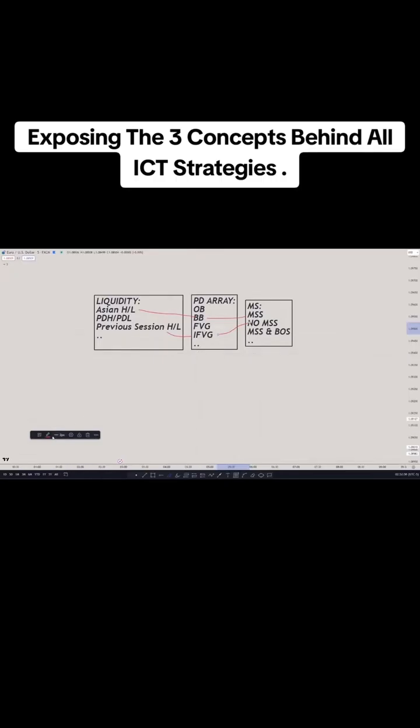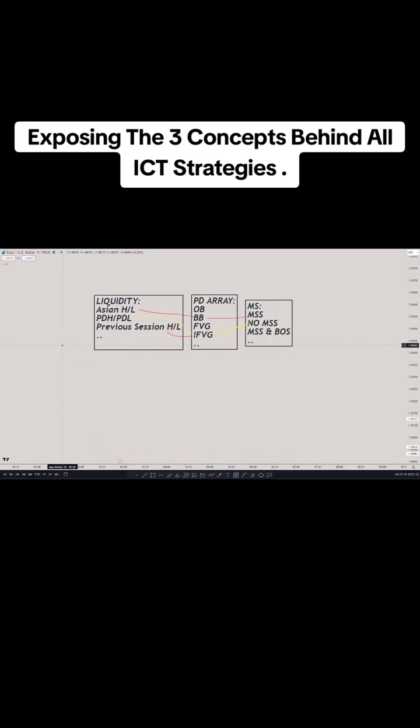That's one of the plans. Now, if I put it in another color, I can do previous day high and previous day low with an inverse fair value gap, and then inverse fair value gap with no market shift. You see, we can create multiple combinations in here, a lot of combinations, and especially if we bring more PD arrays and more types of liquidity, there's going to be almost an infinite number of combinations right here.